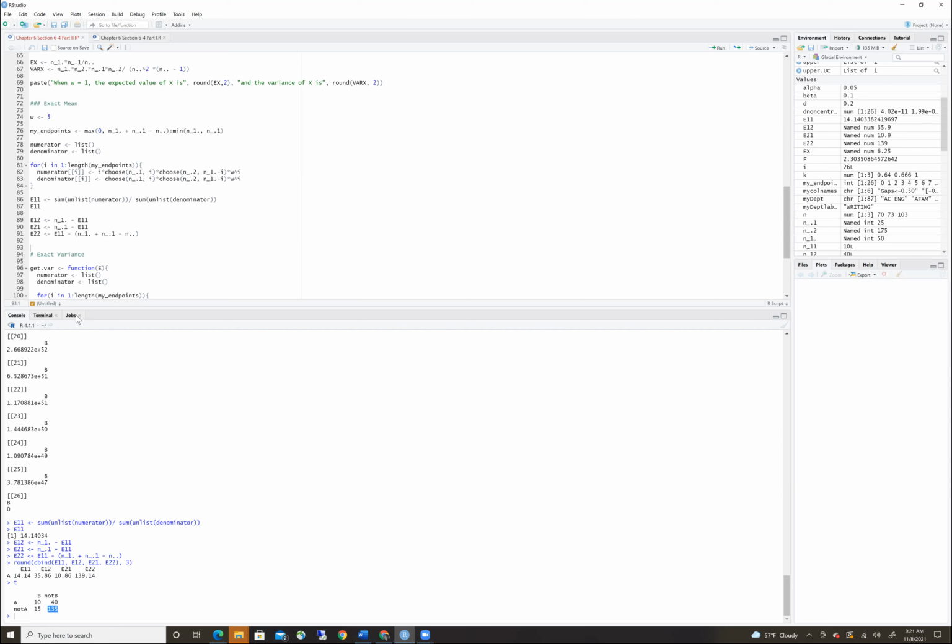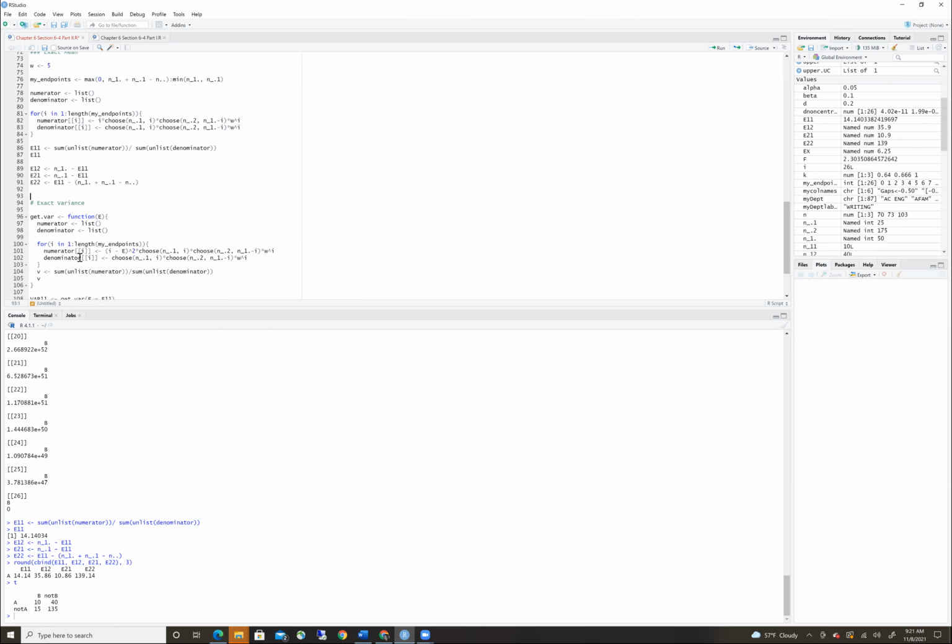All right. So to get the exact variance, we're going to apply a similar technique using equation 6.44. And we are going to essentially just take what we see in the equation and use R to make all the calculations at once versus having to do it all by hand, right? So we have our numerator, we have our denominator, and we look at this equation. This is the regular way of calculating expected value, right?